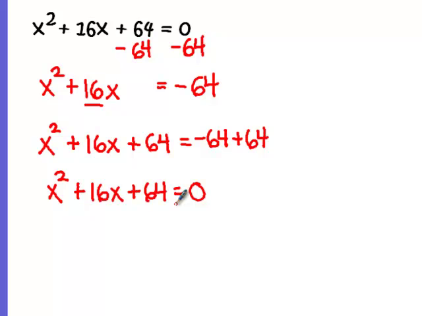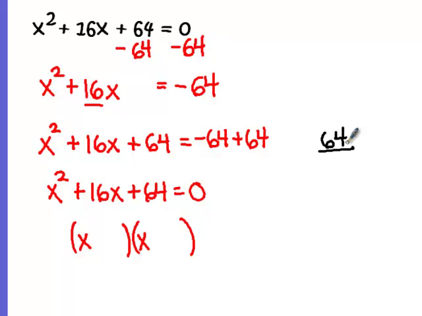All right, now that we have our equation, we need to factor this. So we're going to have two binomials. And of course, we're going to have x and x. We need to find the factors of 64. And again, 64 is kind of a big number.